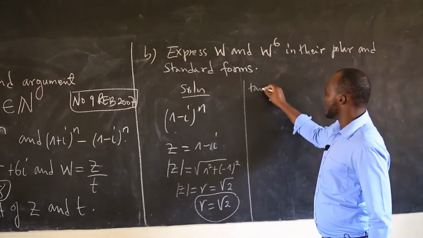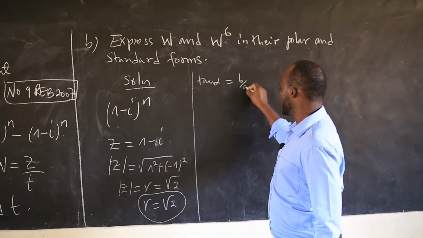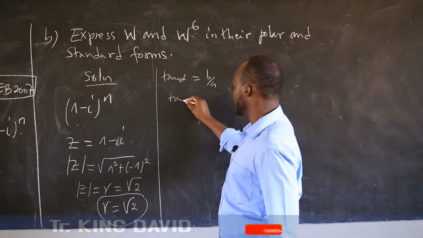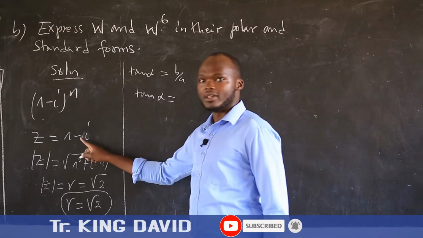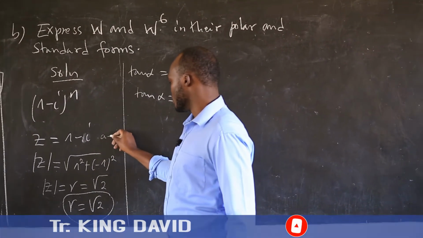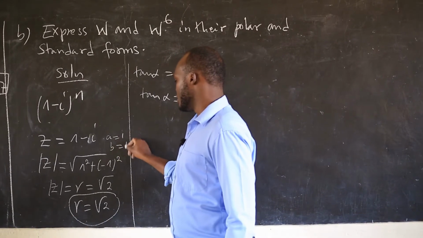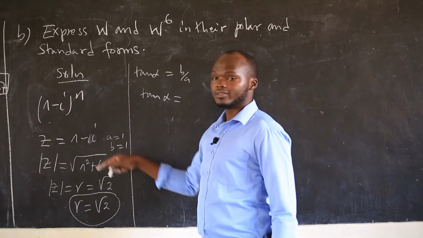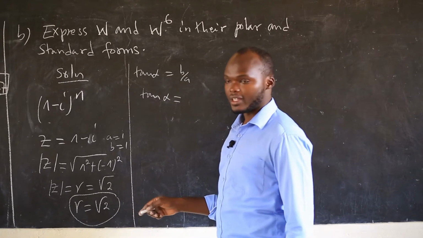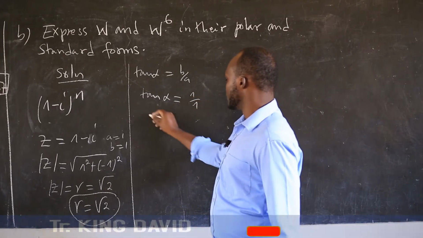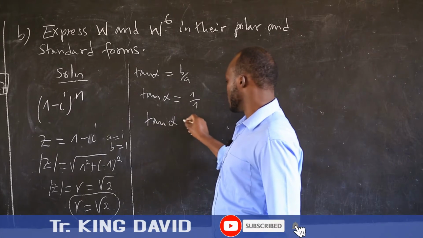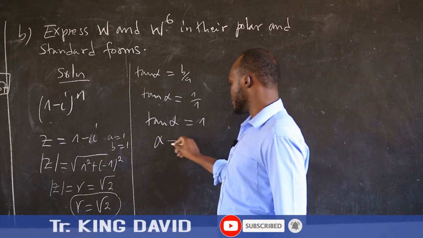Tan α always equals b over a. So tan α equals 1 over 1, since our b is 1 and a is 1. I told you that we don't consider the negative; we consider the negative when we are checking for quadrants. So tan α equals 1, and α is tan inverse of 1.